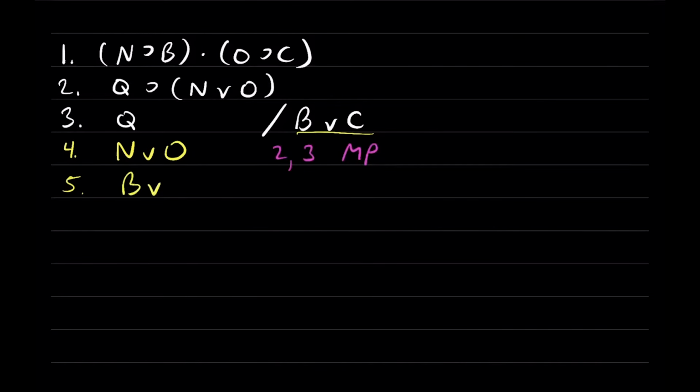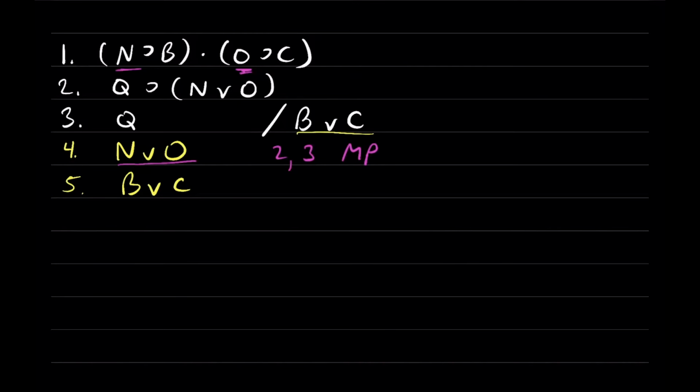And this is merely a matter of pattern recognition. You have to be able to see that you've got a disjunction and each of those 2 terms implies something else up here on line 1. If you don't see that, pause this, take a look at this argument as it is right now, look at the form for constructive dilemma from your textbook or previously in the video, and you'll see that they match.